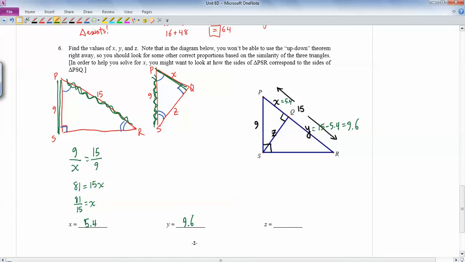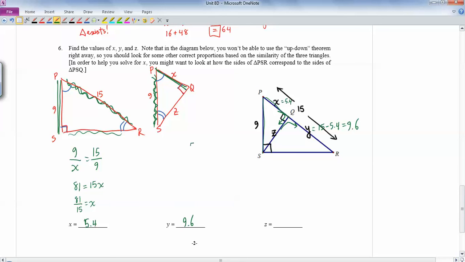Okay, so z you can get a couple different ways. You could get z by doing Pythag on this triangle right here. You could set up some sort of proportion if you wanted to, but you'd have to solve for this side first, which is a little annoying. The one that I want to practice is the up-down theorem, because now we know 5.4 over z will be z over y, which is 9.6.